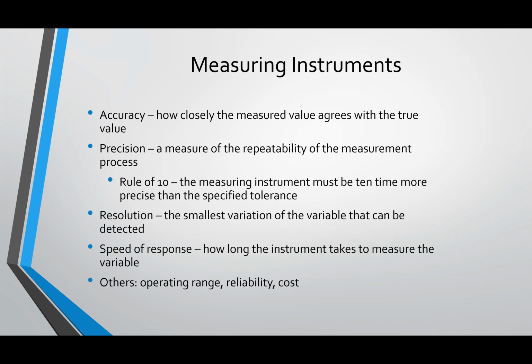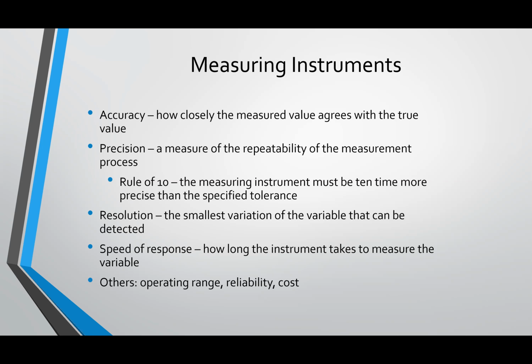With your calipers or micrometers, you might be looking at how closely something is, and you might have a tolerance, a range that tells you within this given range, you are able to accept the product because it meets manufacturing specifications within the given tolerance. But the accuracy of the measuring instrument should always be as close to perfect as possible.